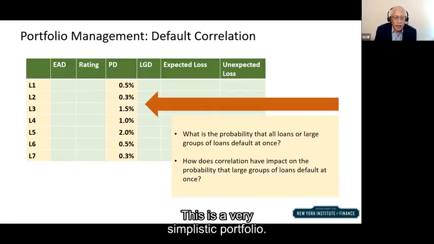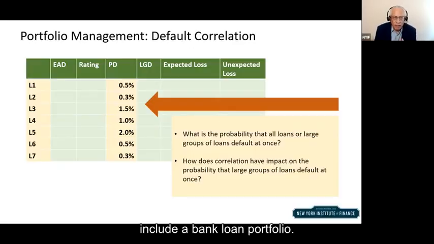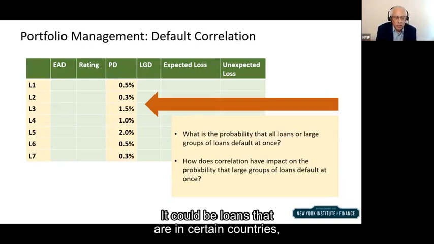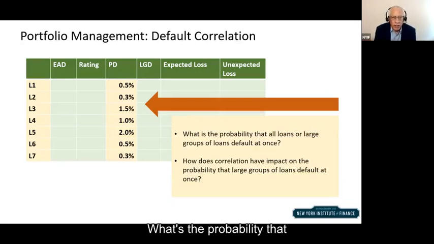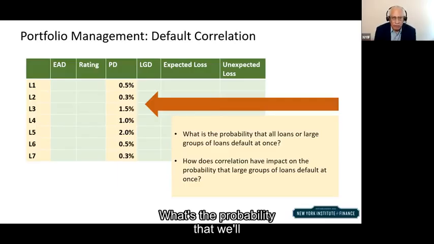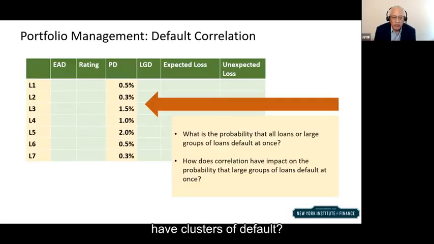So this is a very simplistic portfolio. More complicated portfolios would include a bank loan portfolio. It could be loans that are in certain countries, loans that are in certain states, or in certain industries. So what's the probability that one group of loans, one set of loans, will all default at the same time? What's the probability that we'll have clusters of default?